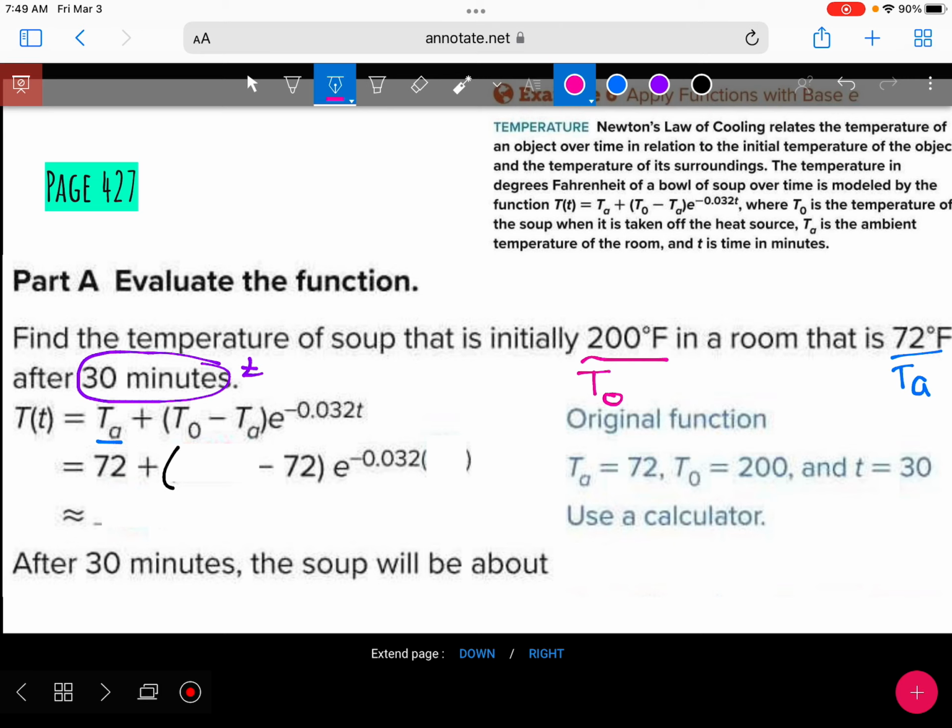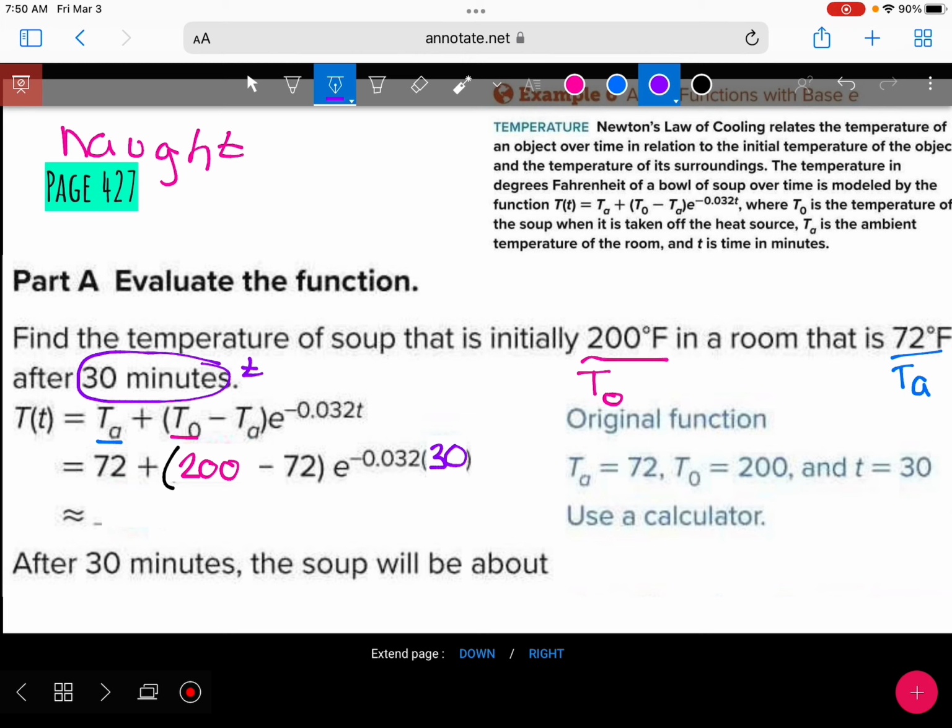For our T naught, I'm going to write it up here, N-A-U-G-H-T, naught, not N-O-T, is 200, and it's going in place of that T naught. There's another T A. E is not a variable, and then we put our time, t, up in the window: 30.